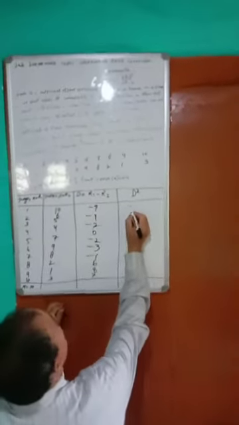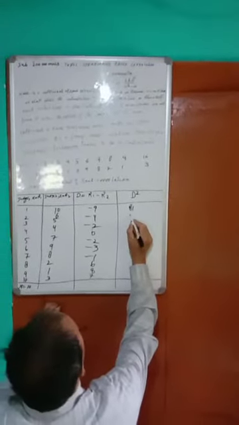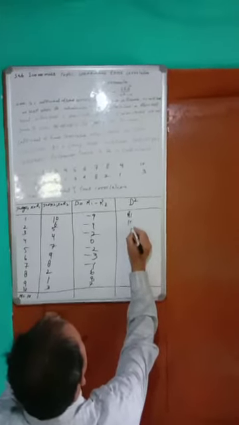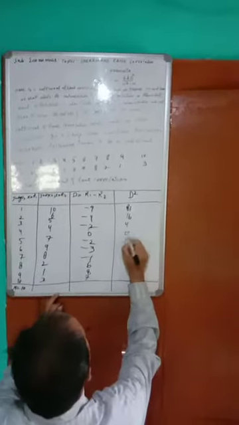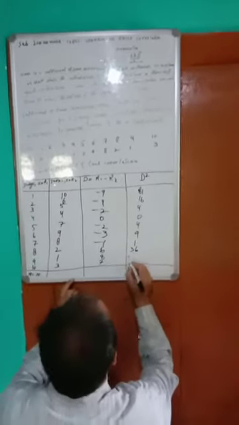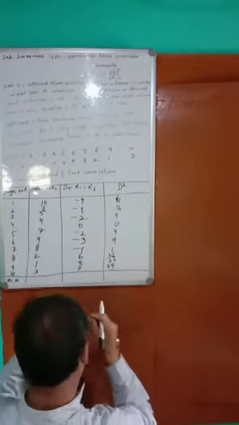Minus 9 into minus 9 is 81. Minus 4 into minus 4 is 16. Minus 2 into minus 2 is 4. 0 into 0 is 0. Minus 2 into minus 2 is 4. Minus 3 into minus 3 is 9. Minus 1 into minus 1 is 1. 6 into 6 is 36. 8 into 8 is 64. 7 into 7 is 49.